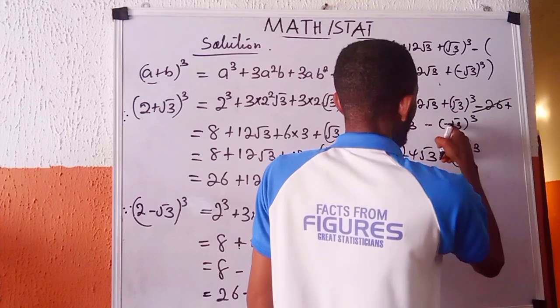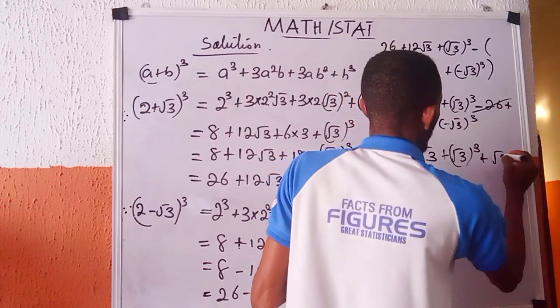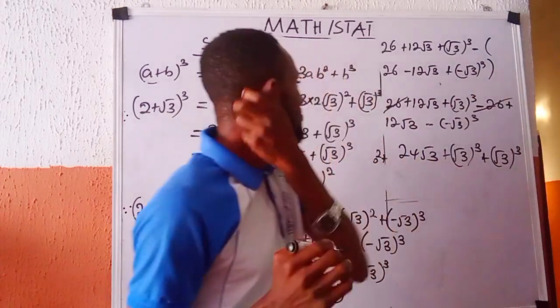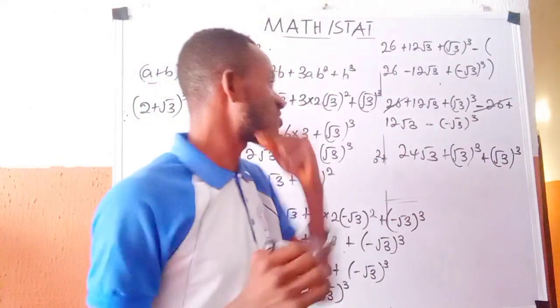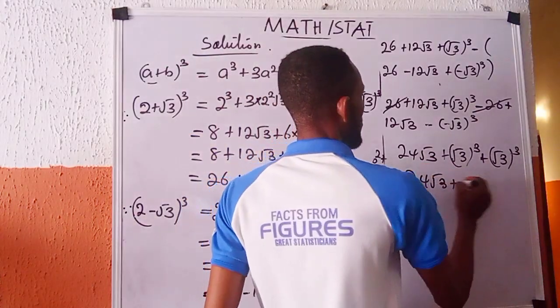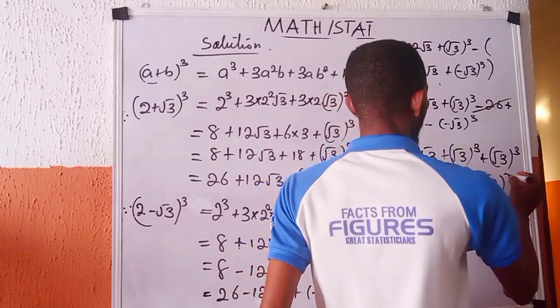Here is minus. When this minus comes here, it is still going to be plus root 3 all raised to power 3, because when this one comes out negative, it will not be that. So you now have 24 root 3 plus 2 root 3 raised to power 3.